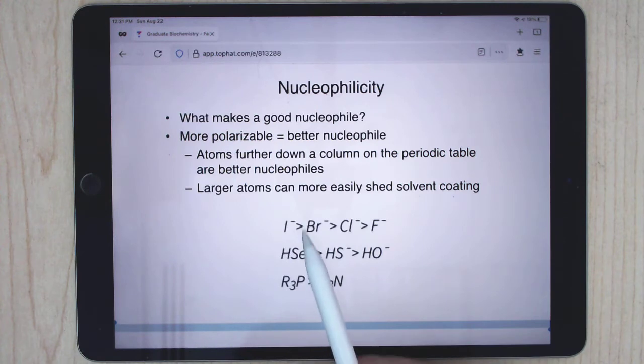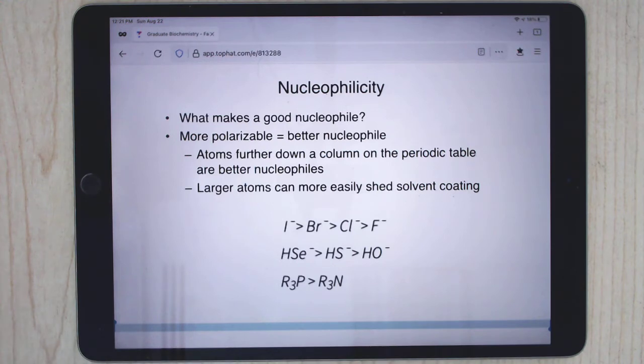It turns out iodine, even though it's the worst of the halides, is actually a halfway decent nucleophile. The reason for that is what's called polarizability, and again, this is when you're usually comparing atoms in the same column.